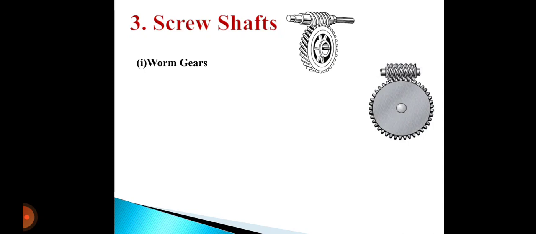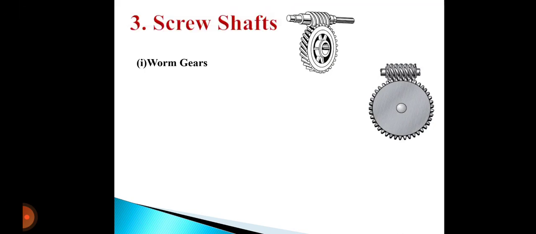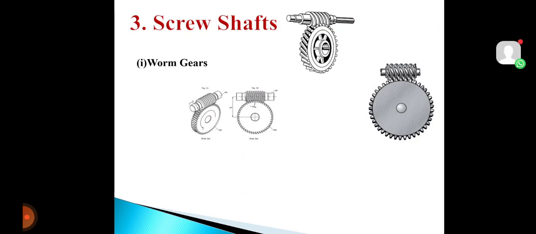Worm gear is a special case of spiral gear in which the large wheel usually has a hollow or concave shape such that a portion of the pitch diameter of the other gear is enveloped in it. The smaller of the two wheels is called the worm, which has a large spiral angle.